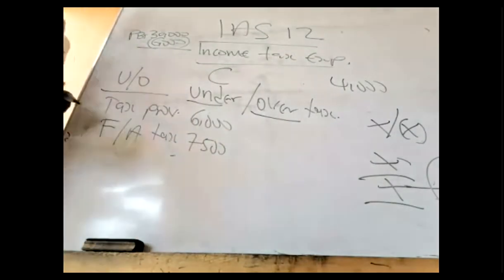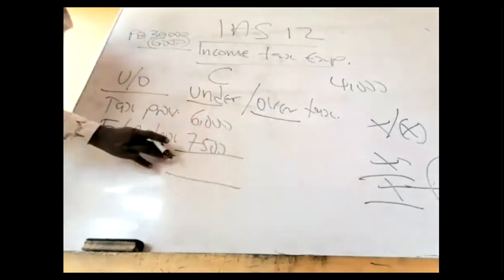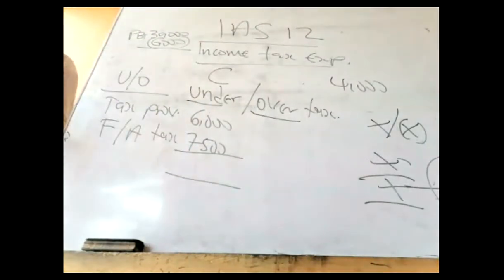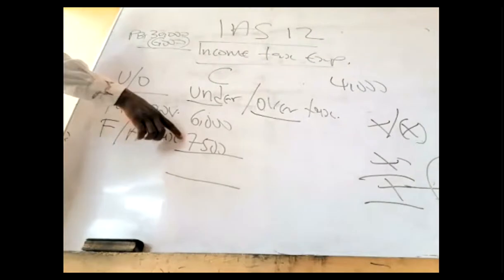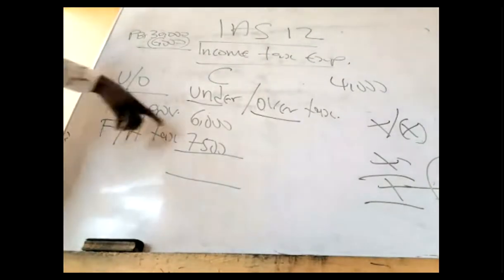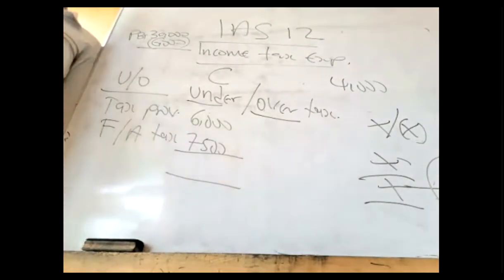So tell me, did you end up under provided or did you make an over provision? So right here, will it be under provision or over? Okay, I can see over. But you pay more, like the final one is more than what you provided.